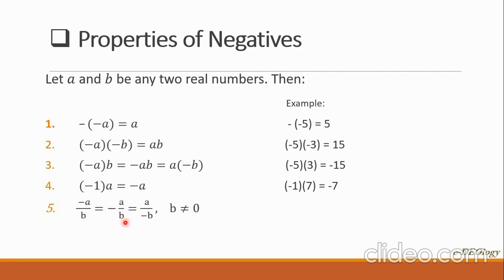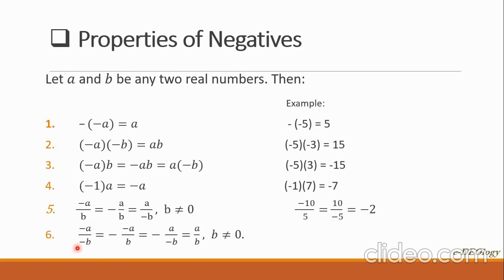In other words, if we divide numbers of opposite signs, the answer will always be negative. Of course, there is a restriction that the denominator must not be equal to 0. One example here is negative 10 divided by 5. This is the same with 10 divided by negative 5. And both will have an answer of negative 2.